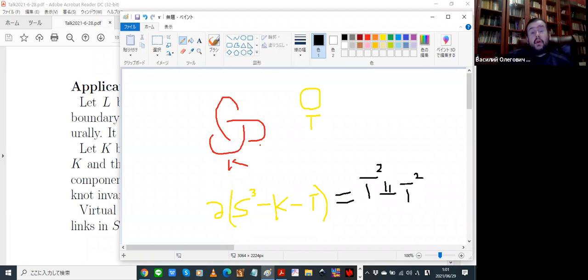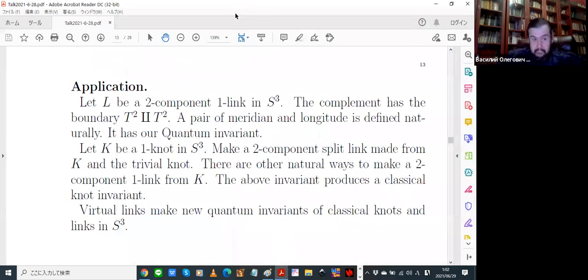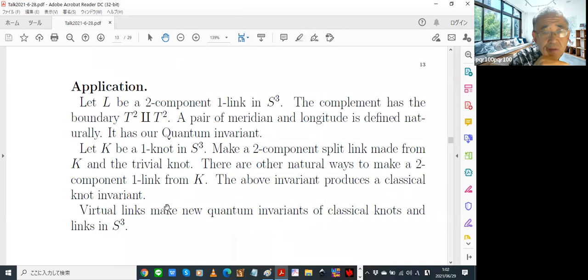Okay, now I see, and then it's great. Probably virtual knot people must be delighted.